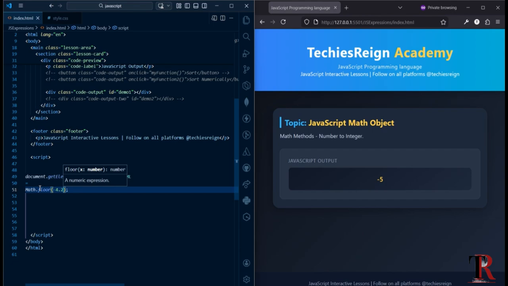But in the case of Math.ceil, no matter whether positive or negative, it will maintain the order. But as for Math.floor, look at what happened. Minus 4.2 was rounded to minus 5. So I hope you can see this. If you have a number like minus 3.0, let's see what happens. But what if it's like minus 2.7? It's rounded down also to minus 3.